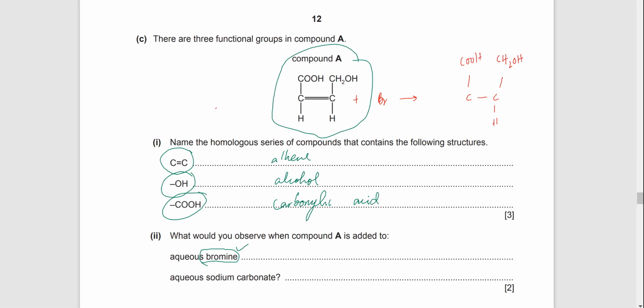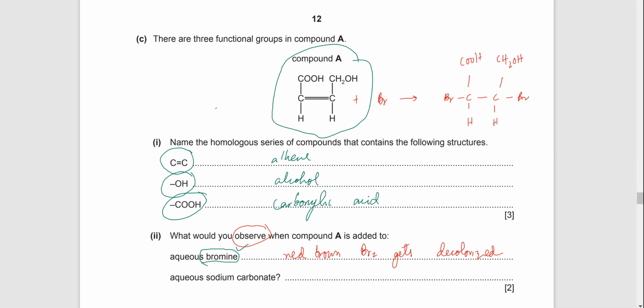There's H and H. तो डबल बॉन्ड टूटता था and the bromines will get added to the carbon atoms. ठीक है. तो red brown bromine would get decolorized.